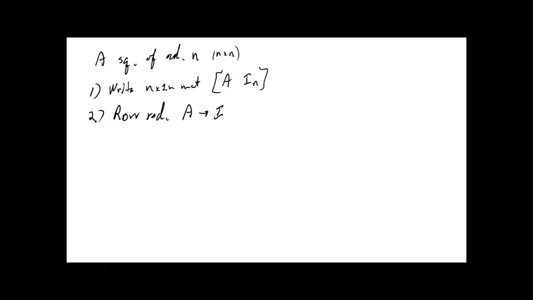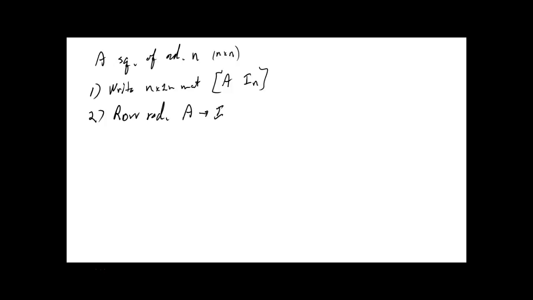When you row reduce, you want the first entry to be a 1, zeros below it. Next, the first non-zero entry in row 2 would be a 1 with zeros above and below. First non-zero entry in row 3 to be a 1 with zeros above and below. Basically what you're doing with row reduction is getting that matrix A to be an identity matrix.